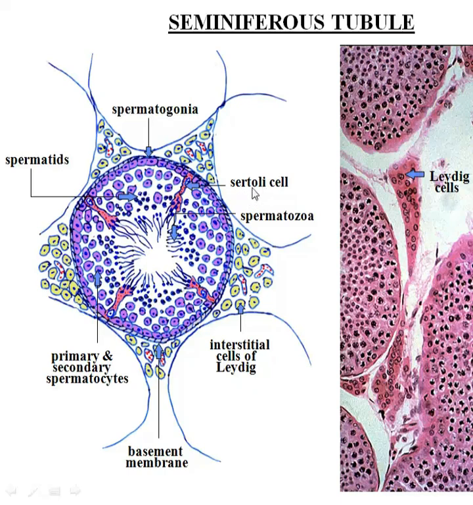Second is the Sertoli cell, which lies inside the seminiferous tubules, and the main substance of the seminiferous tubule is spermatogonia. Okay, so try to remember these three names of cells: spermatogenic cells, Sertoli cells, and interstitial cells of Leydig. What else is there? It's a basement membrane.